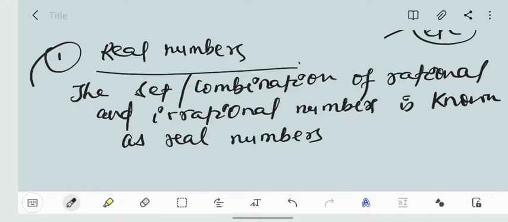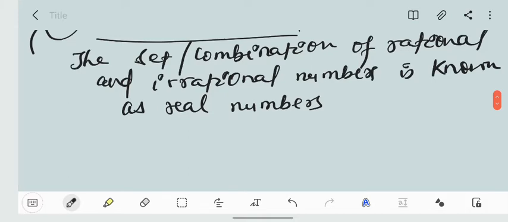So all rationals, all irrational numbers can be said to be real numbers. So we can say that a rational number is a real number, or an irrational number is a real number, and so on and so forth. So that is what real numbers is all about.